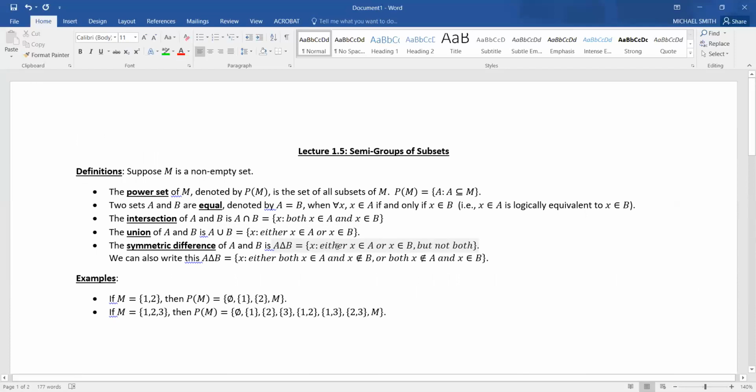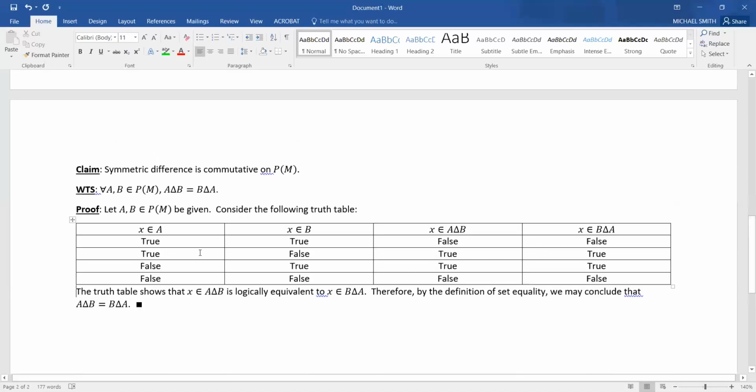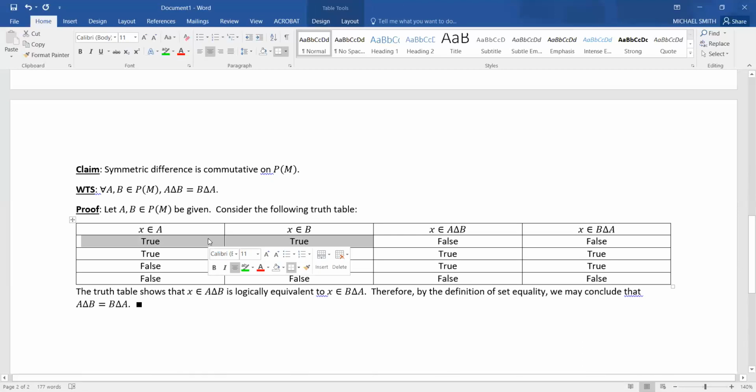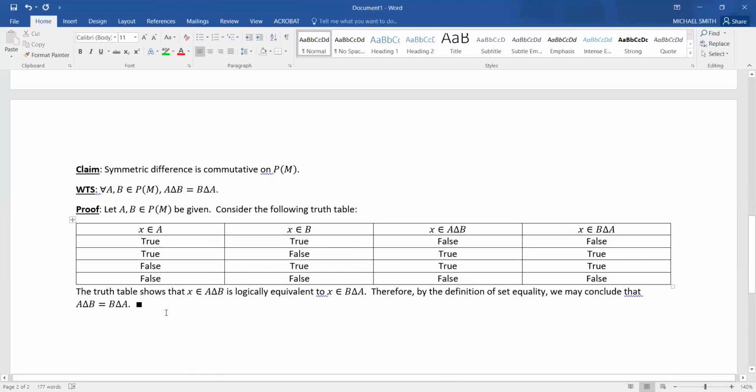You are looking for either x to be in A or B, but not both, which means you're looking for exactly one of the entries in these two columns to be true. Okay, we have now proven that symmetric difference is commutative, and in the next video, we will prove that symmetric difference is associative. More to follow.